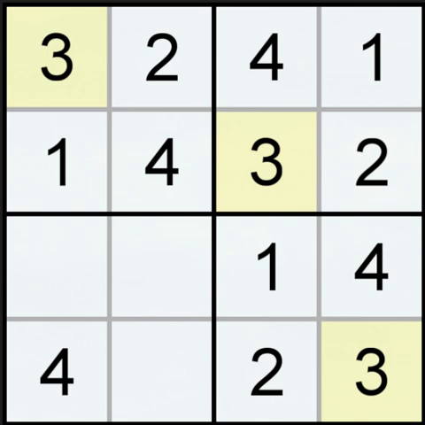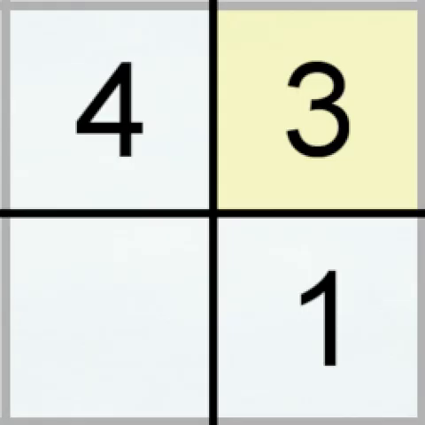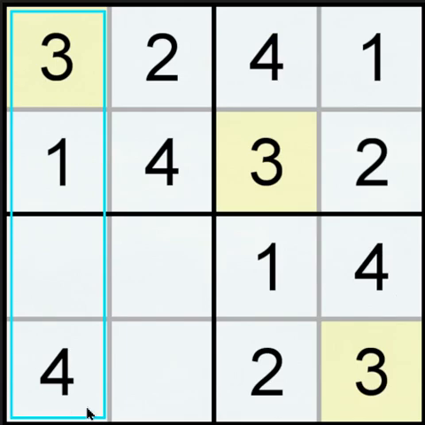Let's take a look at column 1 again. It's only missing one number. What number is it missing? If you said the 2, you are correct. Let's do cross-hatching.